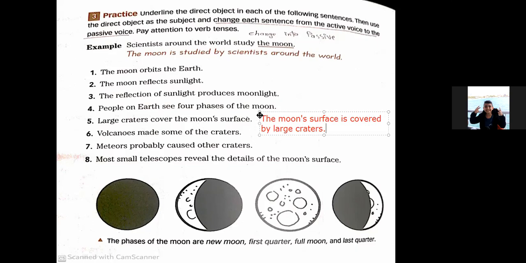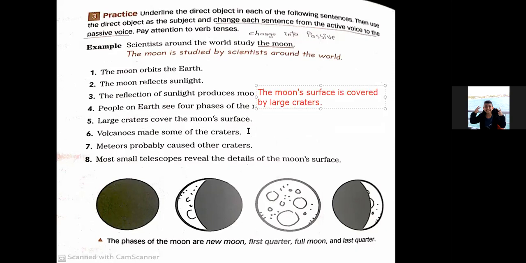Number 6, the one who didn't participate. Ahmed Firas. Okay, Abdullah after Ahmed Firas. Yes, Ahmed Firas, number 6. Volcanoes made some of the craters.